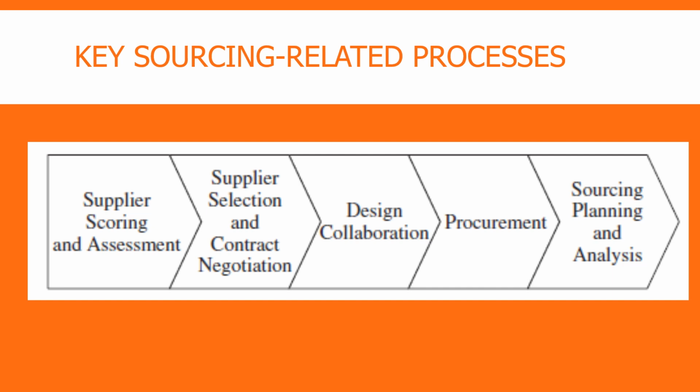Supplier selection uses the output from supplier scoring and assessment to identify the appropriate supplier. So based on the scoring, we can identify a particular supplier and select that. Once we have selected the supplier, definitely we need contract negotiation. Maybe we can have a contract for 2 years, 3 years, depending on the company policy, and it should go through negotiation because both parties should assess the terms and conditions, right?